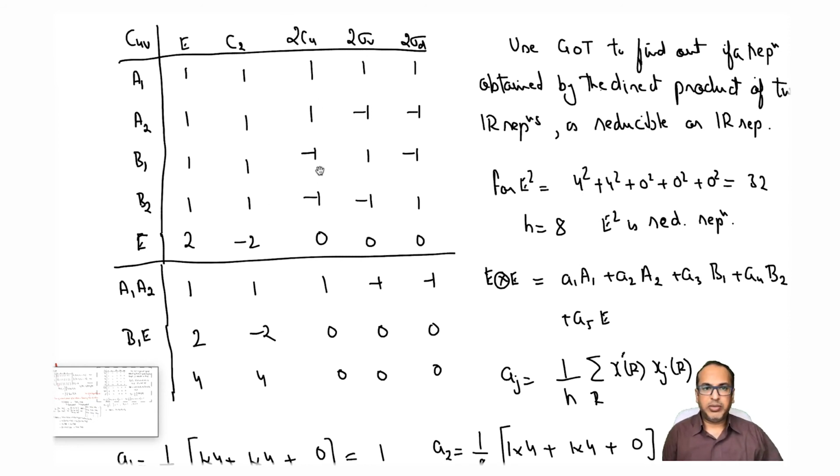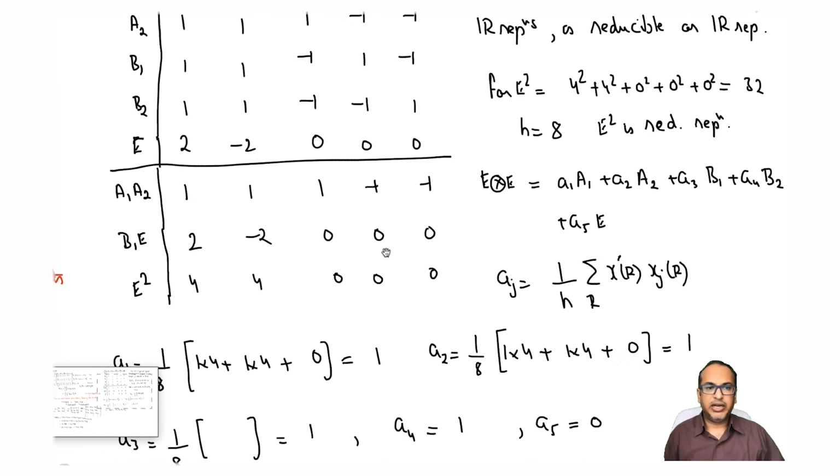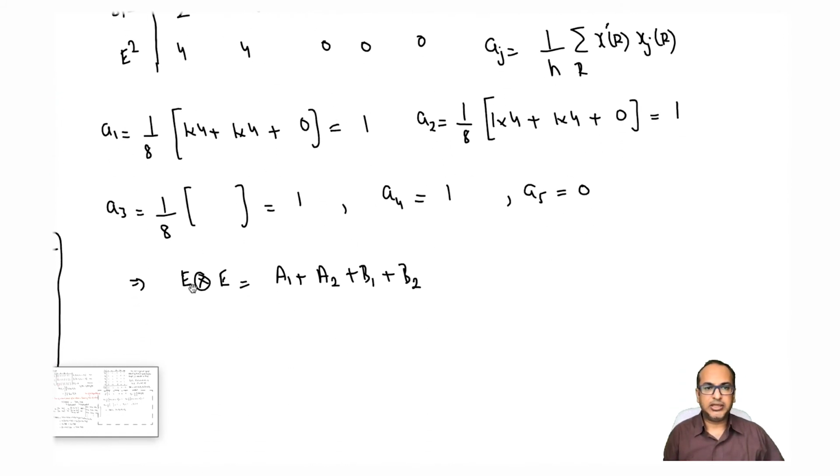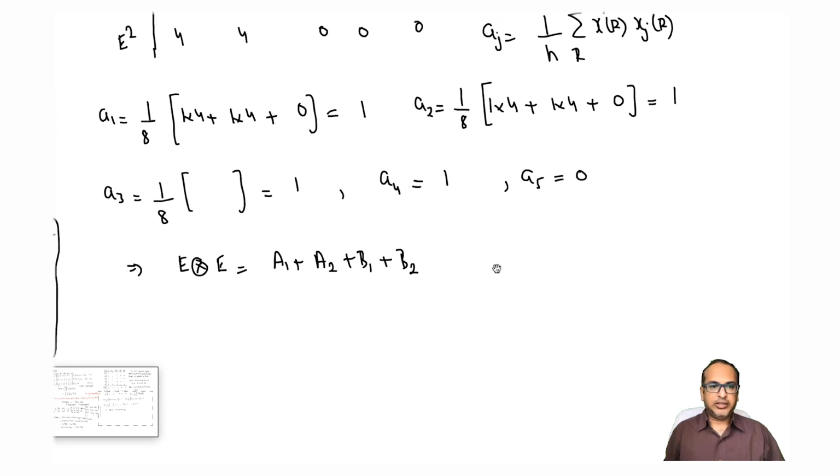Now 1 plus 1 minus 1 minus 1 is 0. Again there are 2 positives, 2 negatives, so 0. 2 positives, 2 negatives, so 0, right? So it's very clear that this is a reducible representation and it gets reduced to A1 plus A2 plus B1 plus B2, right? Okay. So that is also very clear.